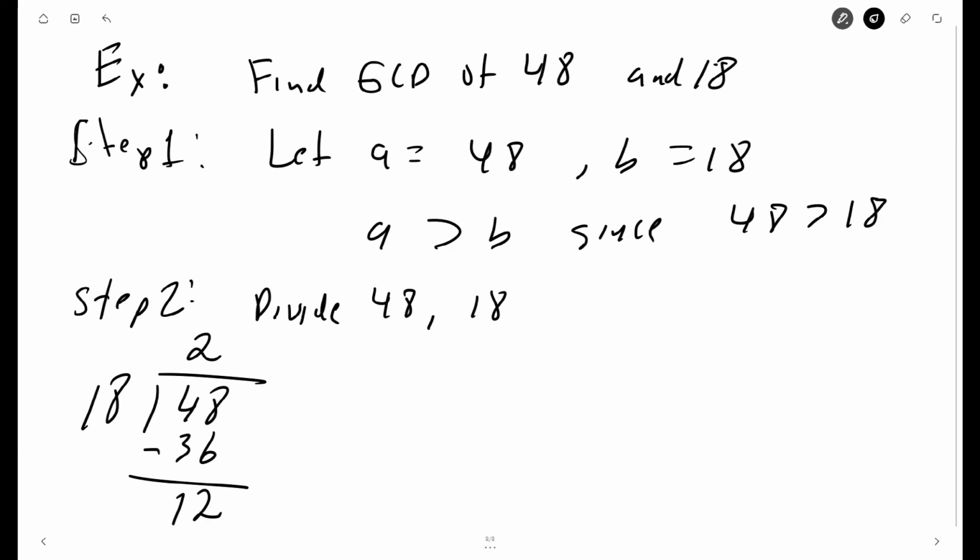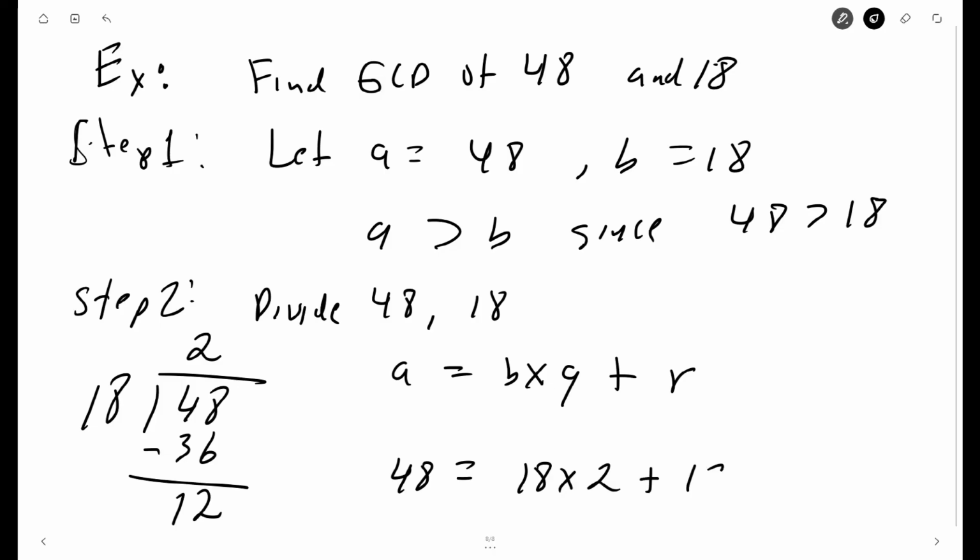That means that the formula A equals B times Q plus R becomes 48 is equal to 18 times 2 plus 12.